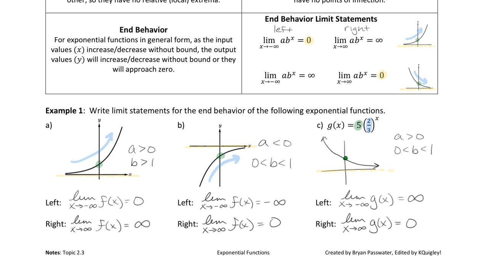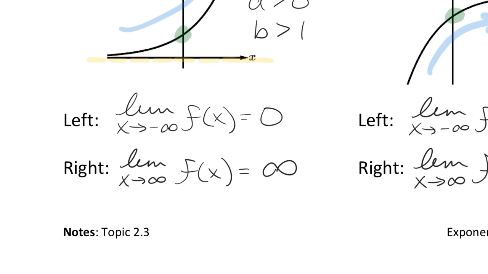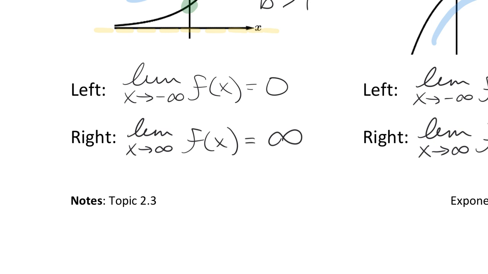Here's what I care about. Before you flip this over, I want you to look at your neighbor's paper. Did they stack their limit statement? Is the limit above x approaching the infinity? The reason I'm being annoying about this is because I know in Algebra 2 when you wrote limit statements, you wrote them flat. That's not acceptable in this class.